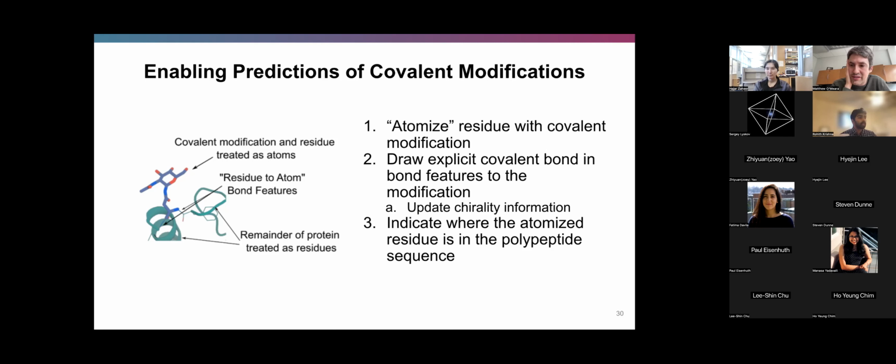Yeah. So at training time, it's a little bit complicated, but basically the PDB handles this in two ways you can represent what I call a covalent modification. The first is that you have a different residue in the polypeptide sequence. So for a phosphorylation, you might have a phosphotyrosine or a selenomethionine or whatever, right? The second is you have a small molecule that has a covalent link to some residue. And so we do train on both.